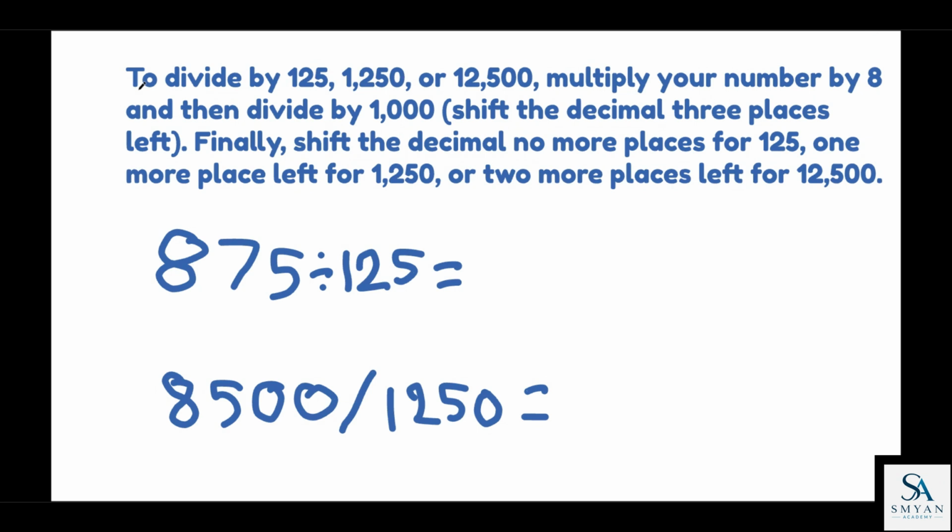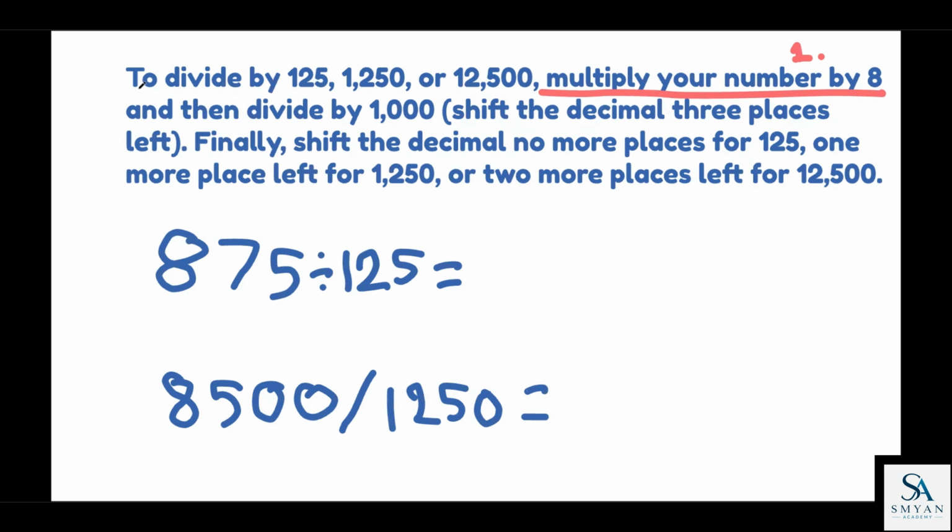Step 1, to divide by 125, 1250 or 12,500, multiply your number by 8. Now this might be different than multiplying by 125, 1250. They have the exact same process, but the difference is what you do with the 8 and what you do with the 1000.